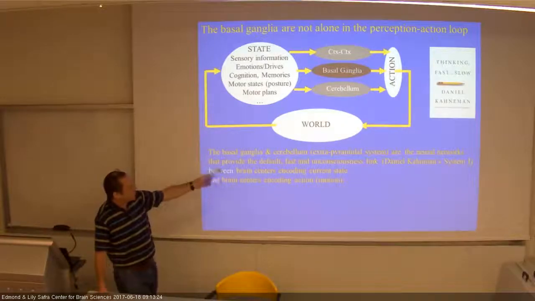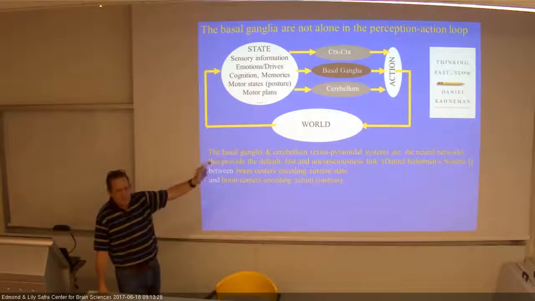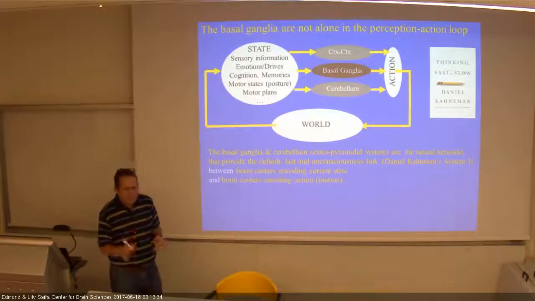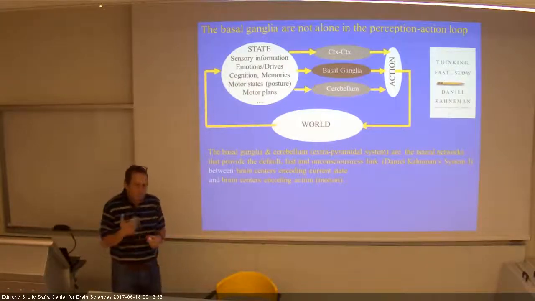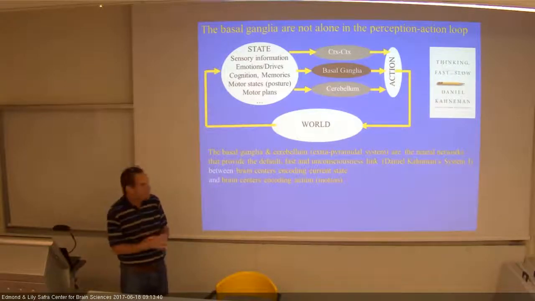provide the default, fast and unconscious link that Daniel Kahneman described, and again, go and read this book, Thinking, Fast and Slow. I think that this is one of the most important books that has been written on the brain in the last century.